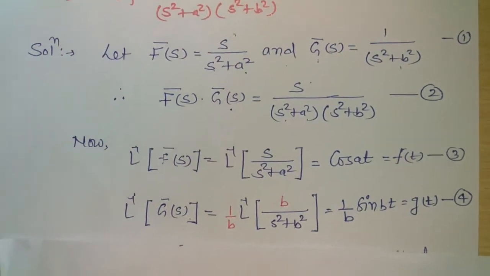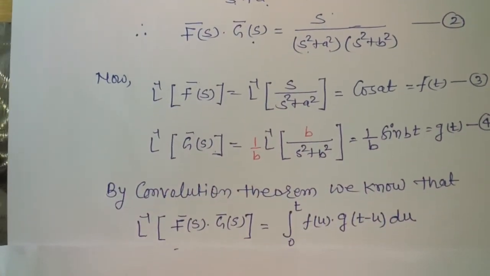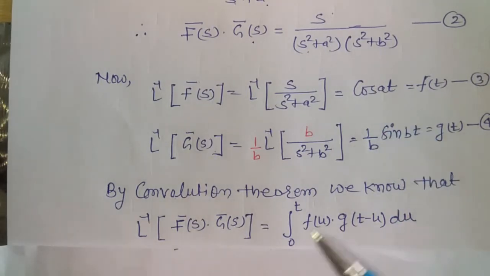Now, by convolution theorem, we know that the inverse Laplace transform of f bar s into g bar s is the definite integral from 0 to t of f of u into g of t minus u du. This is the convolution theorem.